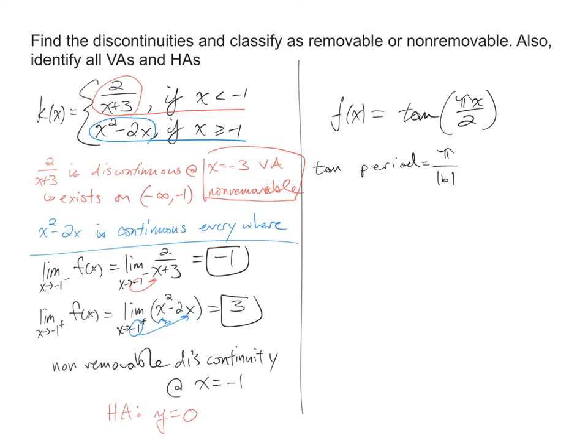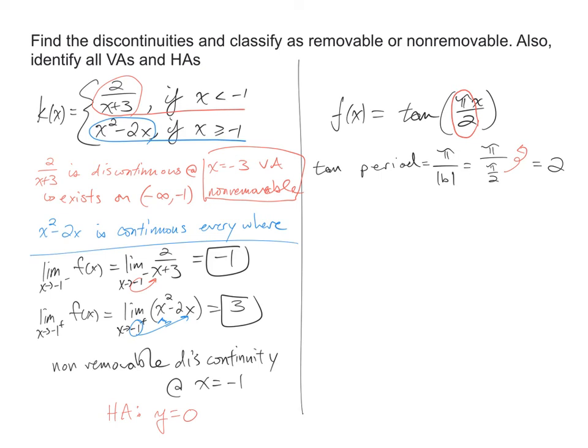And b is whatever is being multiplied to the x. So the new period will look something like this. It'll be pi over 2. And when you flip and multiply, you'll get an answer of 2. The new period is 2 wide.